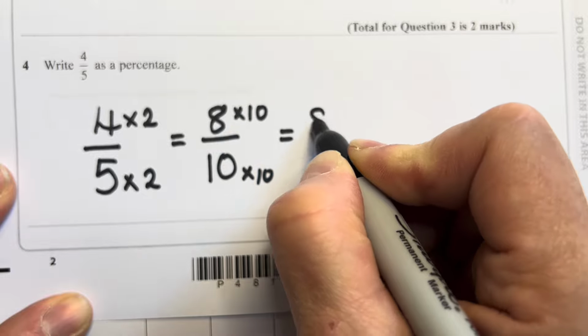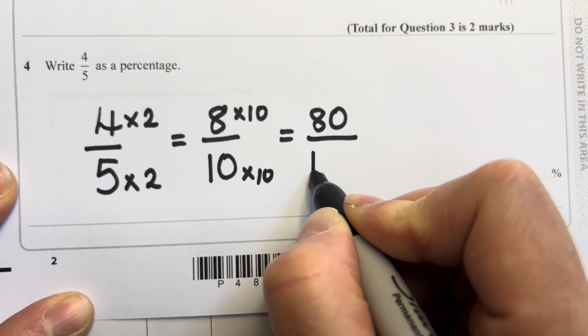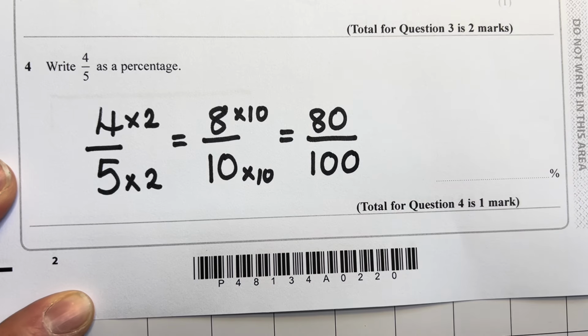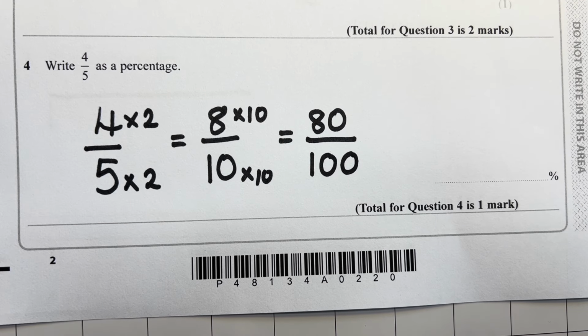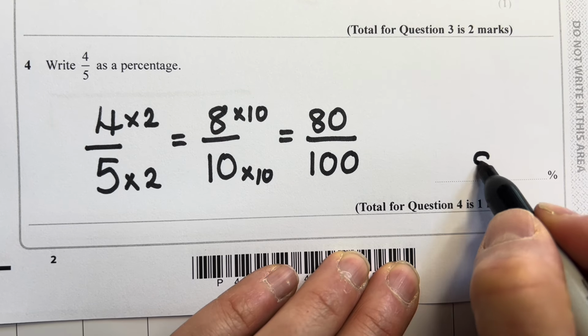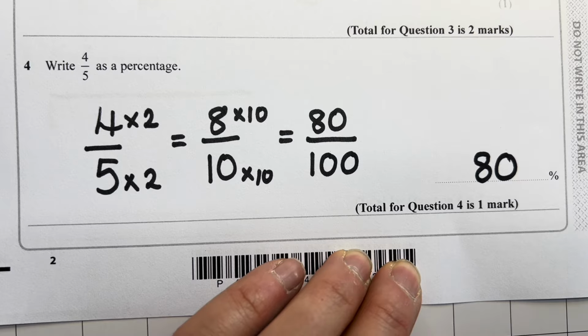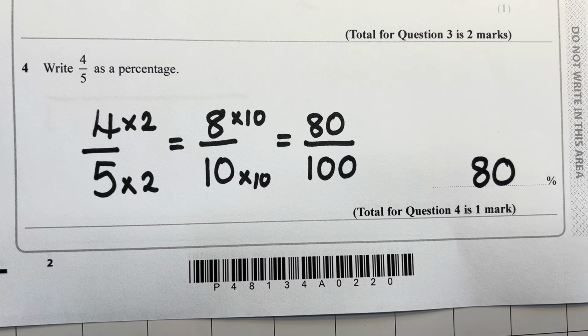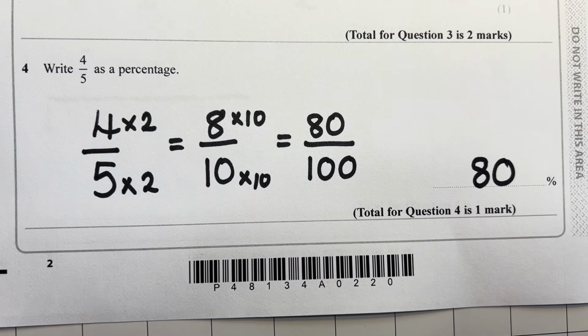And this will give you 80 over 100. And now we have it over 100. Percent is telling us we want something out of 100. And so our answer is 80%. This is also a 1 mark question, and the mark is for getting 80%.